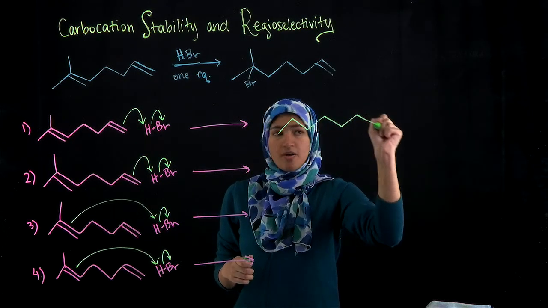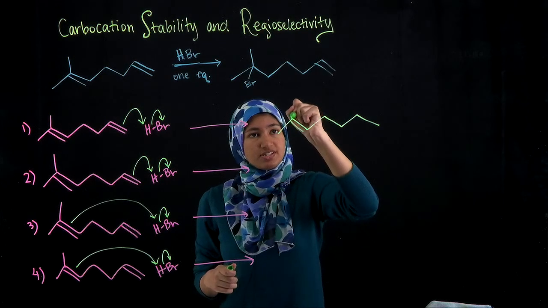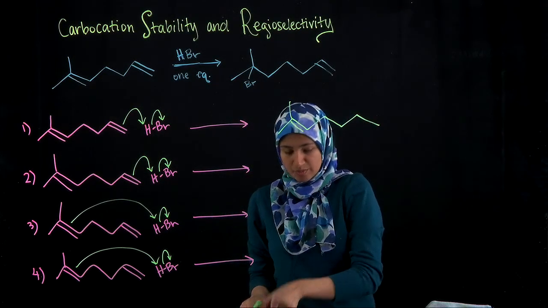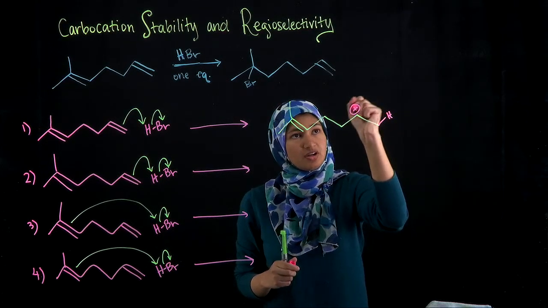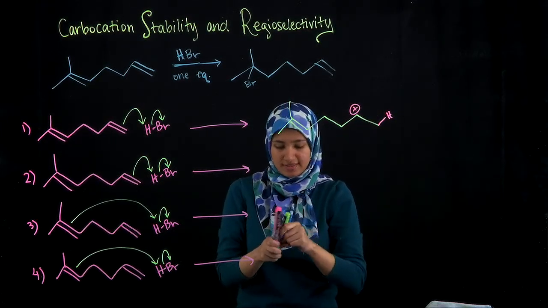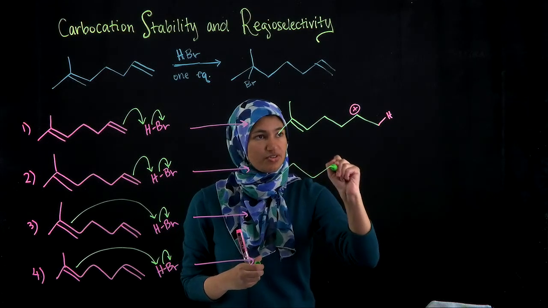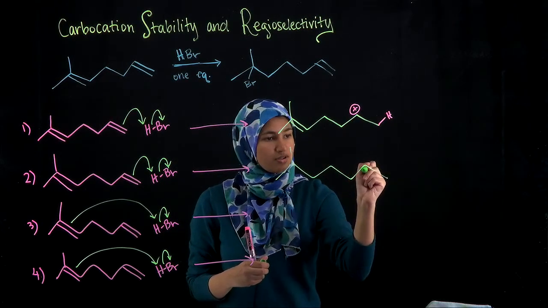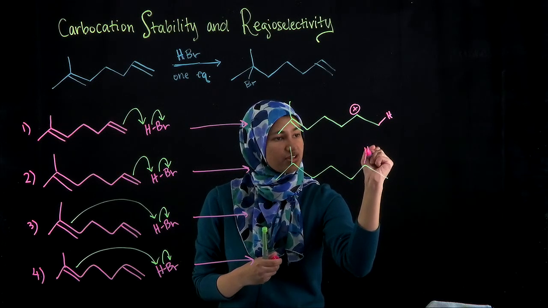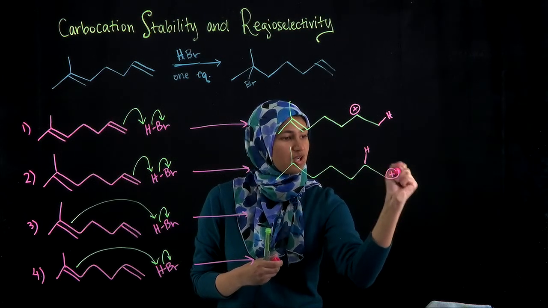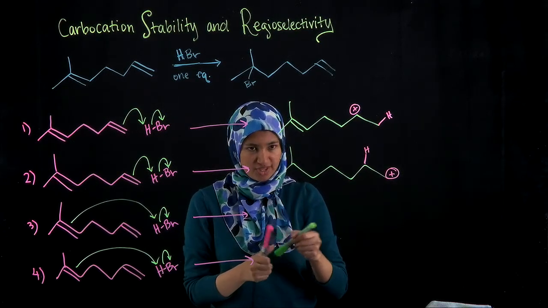Now, your first option is an addition of your hydrogen here, giving you a cation species like that. Your second reaction is, again, addition on that same double bond, but instead of adding our hydrogen there, we're going to add it over here and put our positive charge right there.